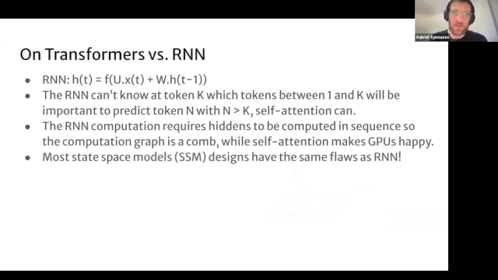And one thing that I think is interesting to think about and to know when we are thinking about LLMs, is that they're made of transformers, and how does it differ if they were based on RNNs?